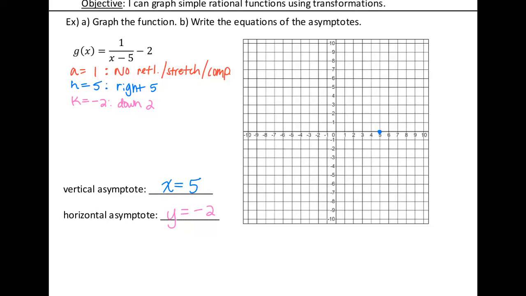You're going to draw a dashed line going top to bottom. And then you need the next one at y is -2. So draw your dashed line at x equals 5, and your dashed line at y equals -2.